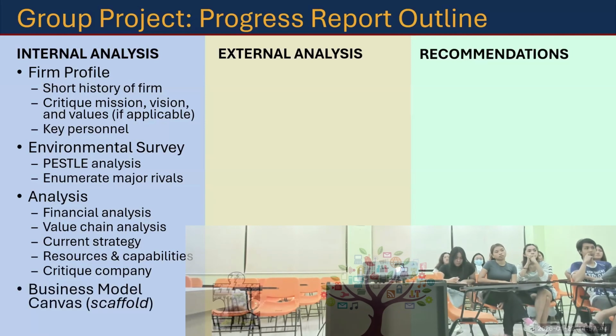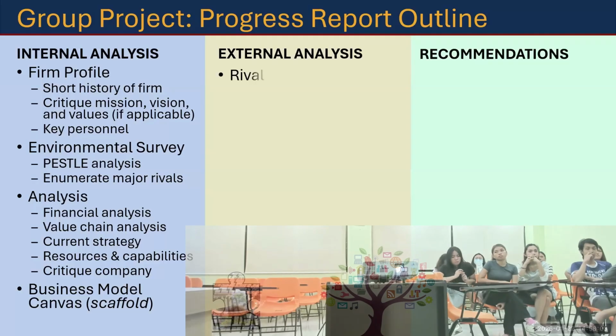It would be best if you can summarize everything here under the business model canvas framework, because it does allow you to summarize the major resources and capabilities. Your financial analysis can be summarized using that framework.